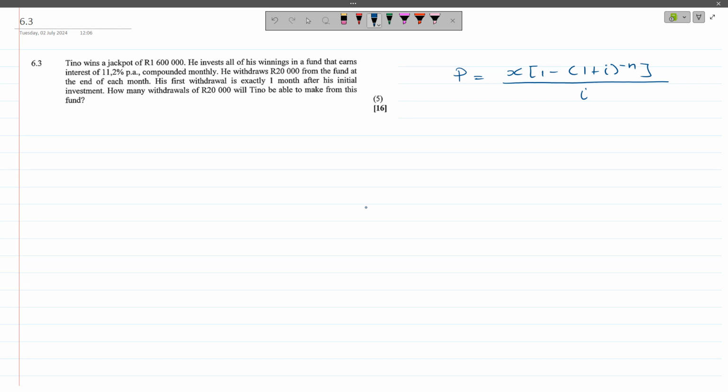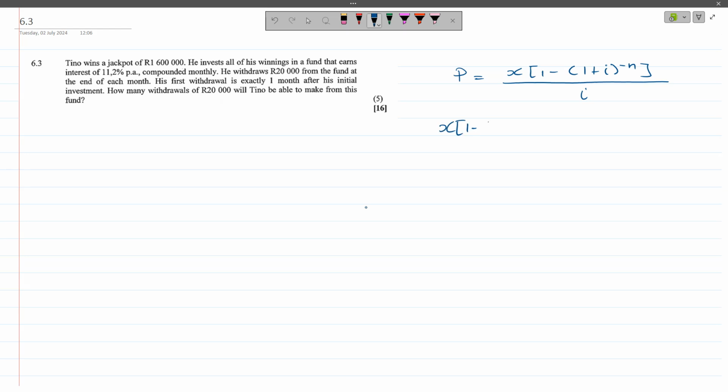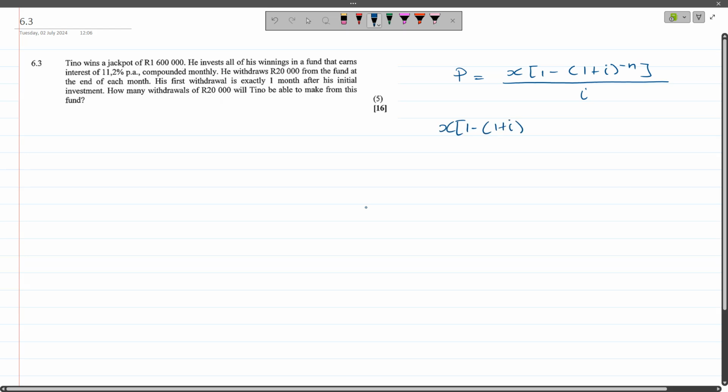So multiplying both sides by i, we get Pi. Rather, let me write X(1 minus (1 plus i) to the power of minus n) is equal to P multiplied by i.